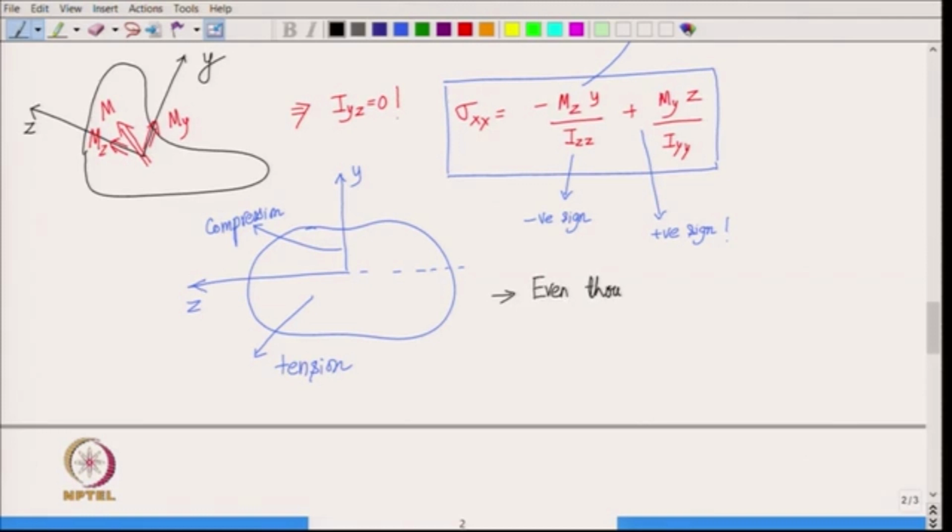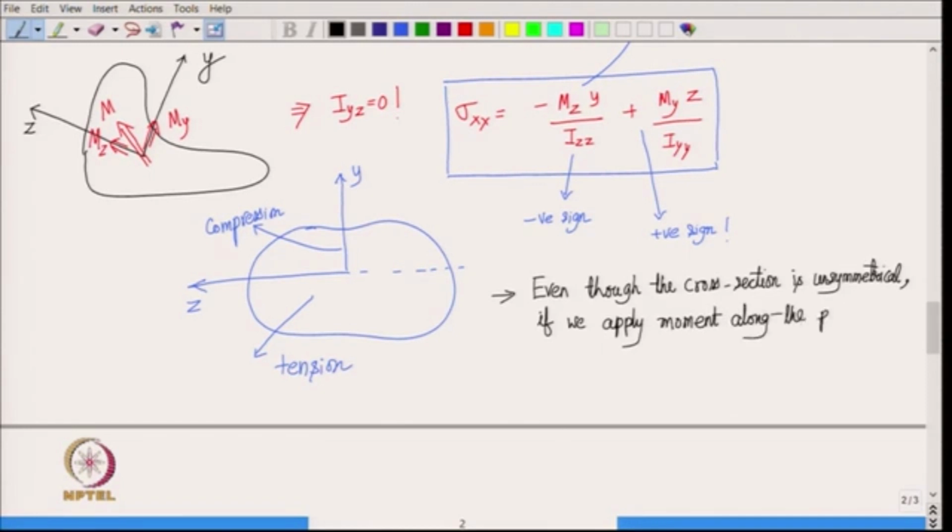Even though the cross section is unsymmetrical, if we apply moment along the principal axis, the bending happens as if it is a symmetrical cross section.